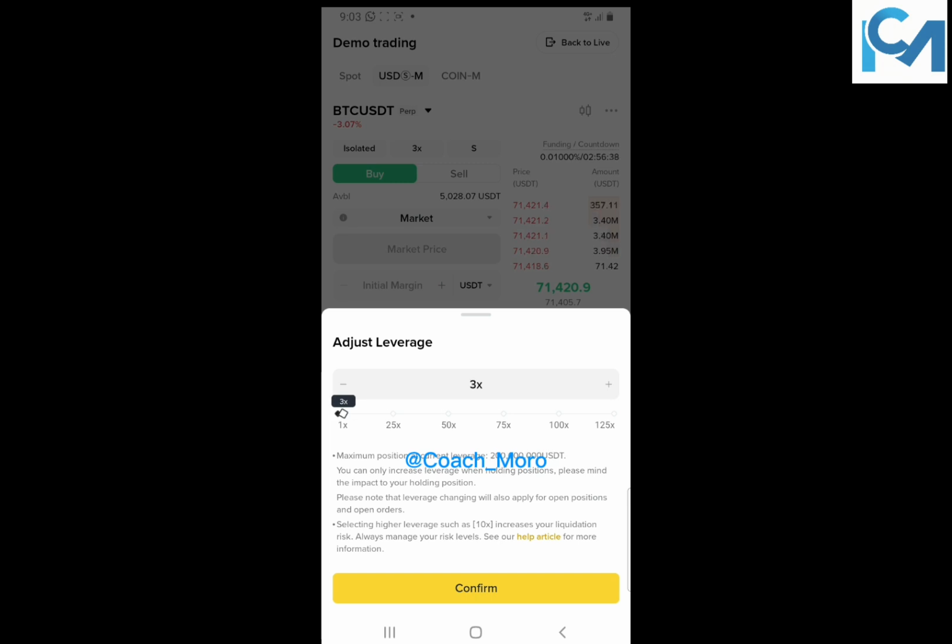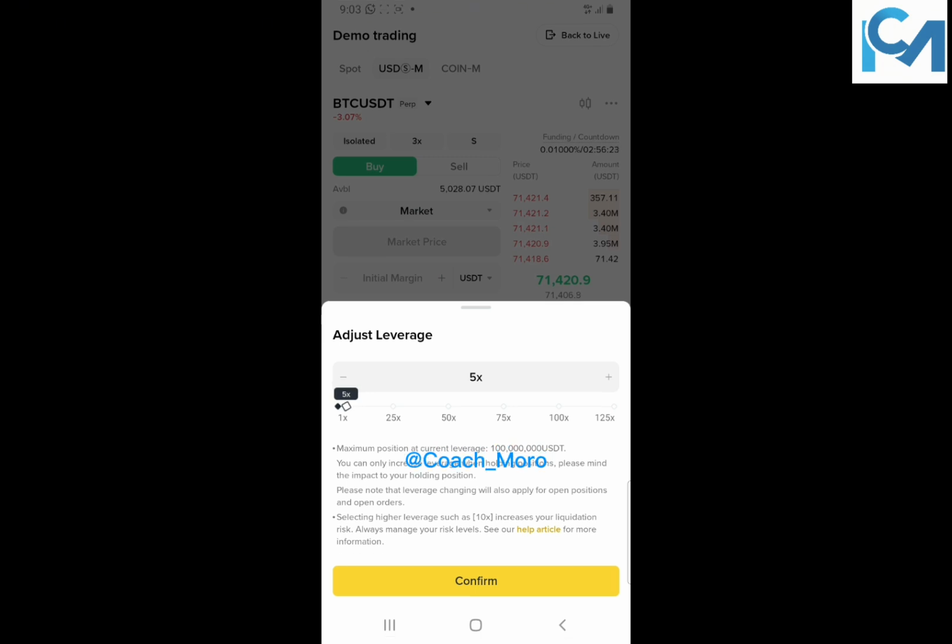To explain this better, assuming you started the trade with $50, you can leverage it 10 times and it will become $500. So if you lose 10% of the 500 you are trading with, it means you have lost the capital you started with, aka you have been liquidated from the market. That's one of the terms we use.